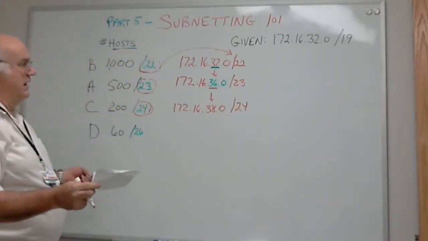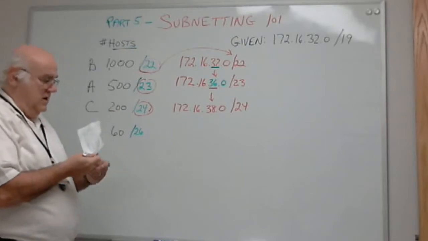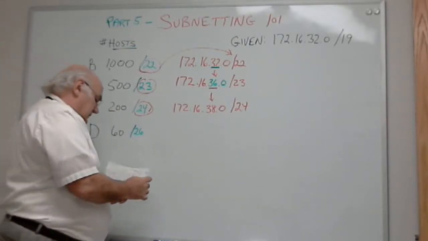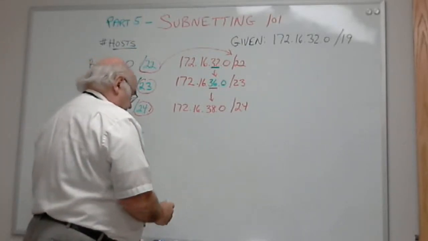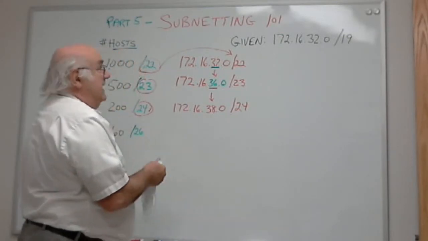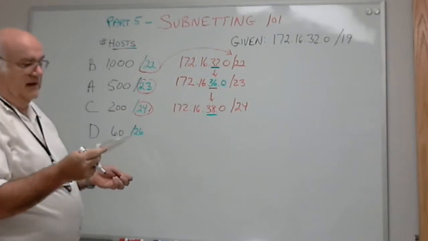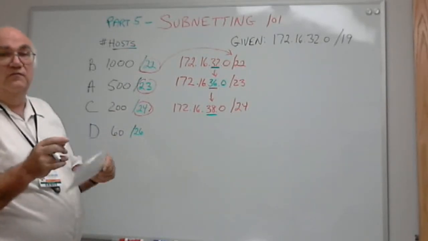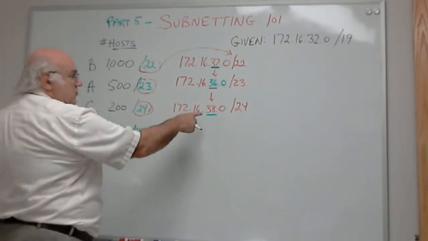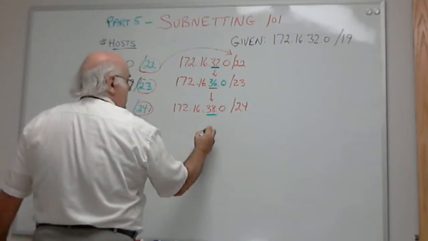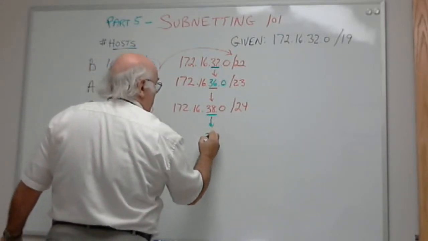Okay, notice in your little chart, 24 is still in the 3rd byte. So my change again is going to occur in the 3rd byte. 24 has a bit positional value of 1. So I'm only going to increase this by 1. 39.